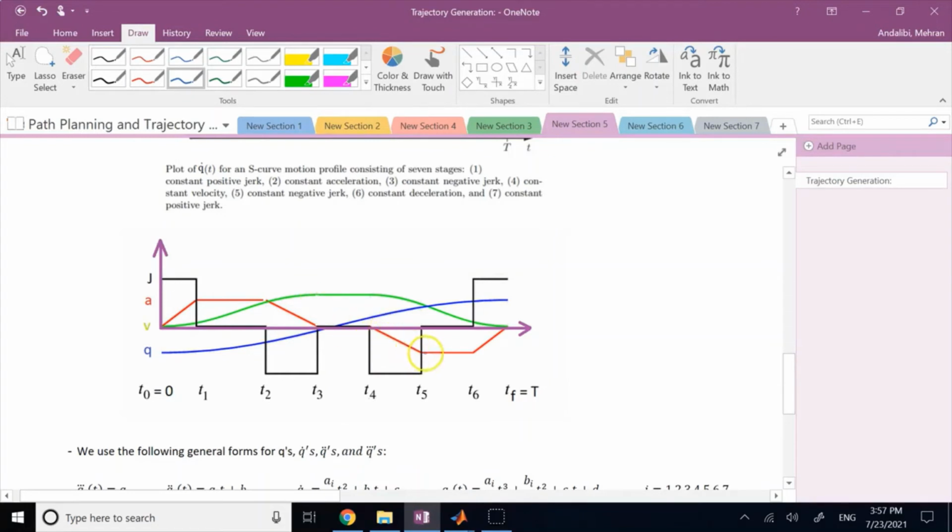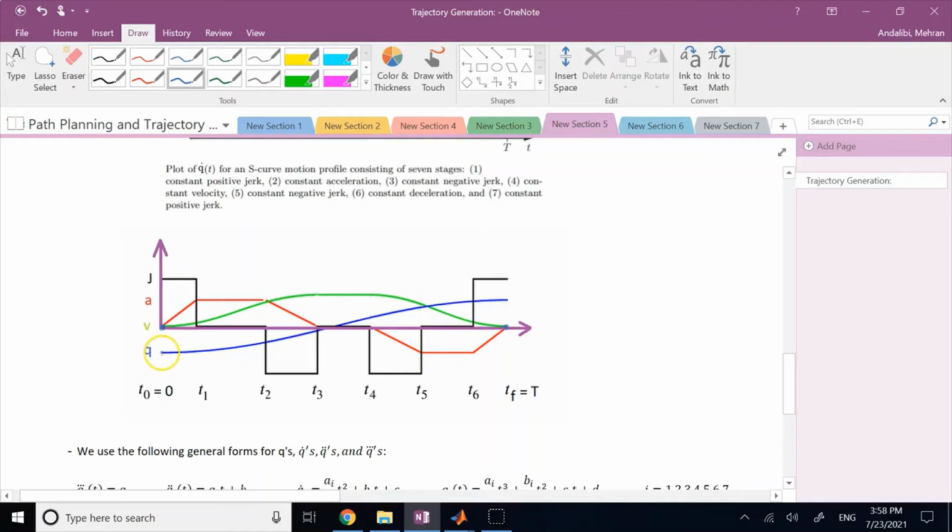You go negative, you go constant negative, and then this is where you're dropping your velocity, and then you go to zero. Okay, so you start at zero velocity and you end up with zero velocity. The same thing with acceleration. You start with zero acceleration, you end up with zero acceleration, correct? So you start from rest and go to rest, basically.